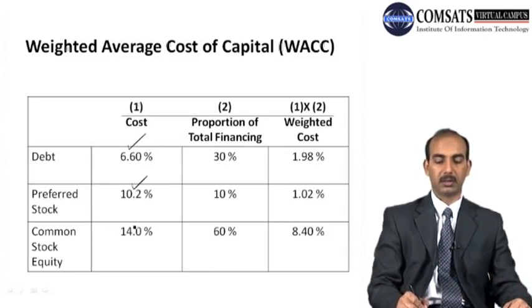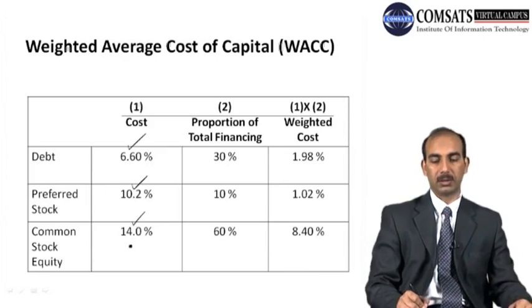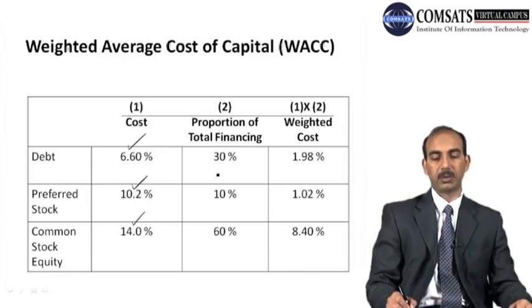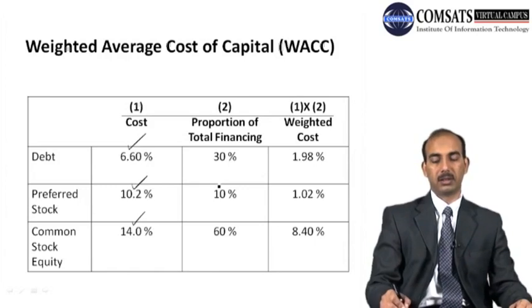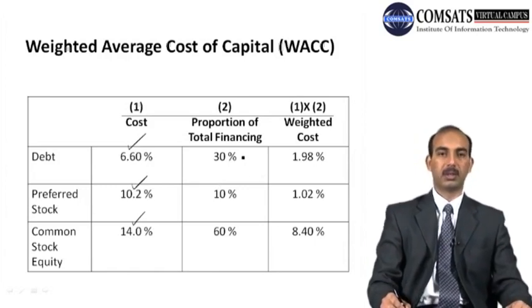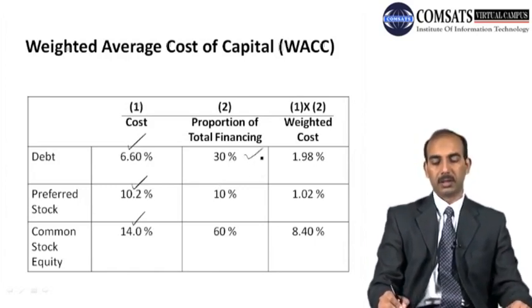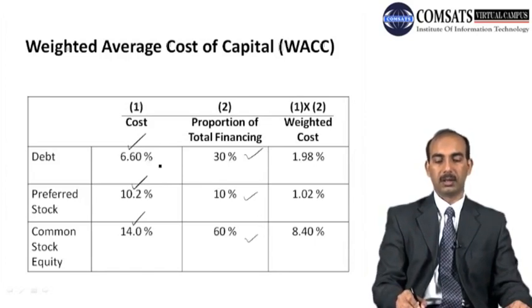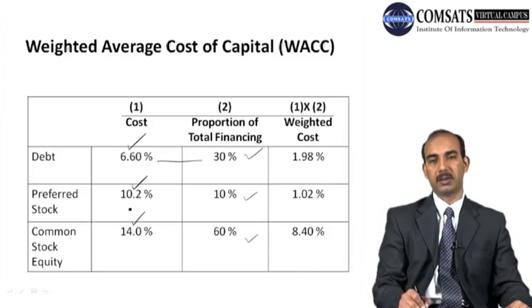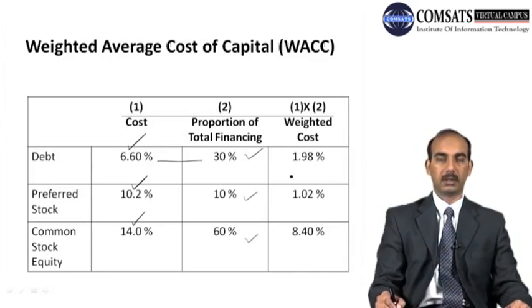And then the common stock equity, representing the dividends paid to the common stockholders. Now we have the proportion of all these financing in the total capital structure, which we calculated in a previous slide, that is 30%, 10%, and 60%. Now we assign the cost to the weightage and calculate the weighted cost of capital.